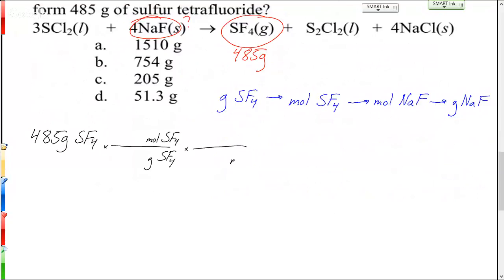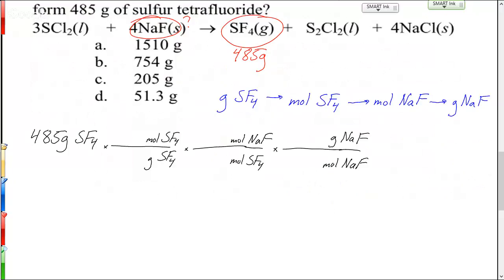Then moles of one to moles of the other. And finally, moles to grams of the final one. So all the units should cancel appropriately top to bottom each time.